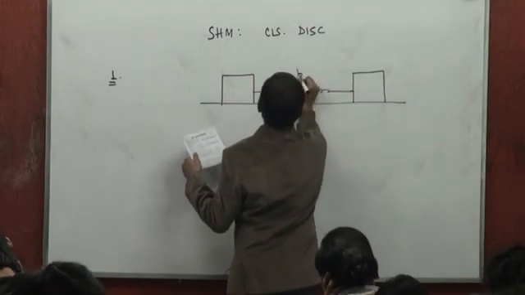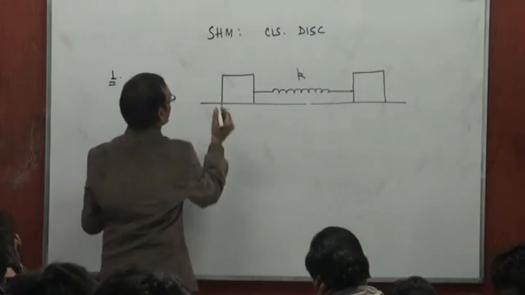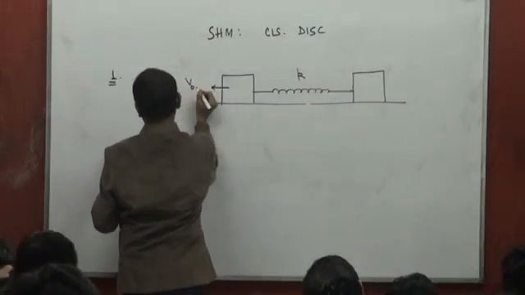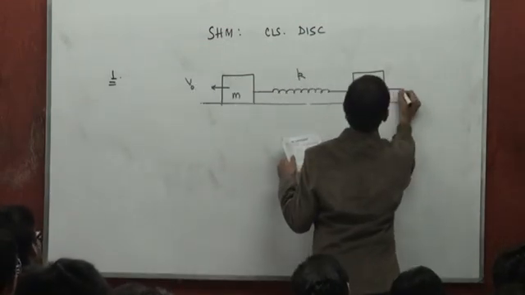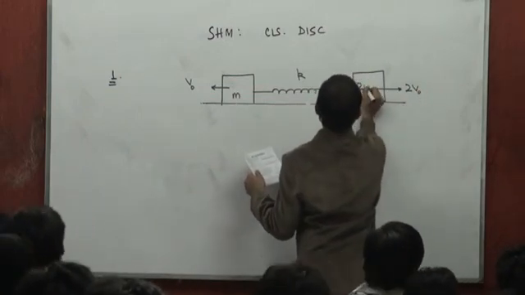Spring initially relaxed, and this is V0, mass m, this is 2V0, mass 2m.